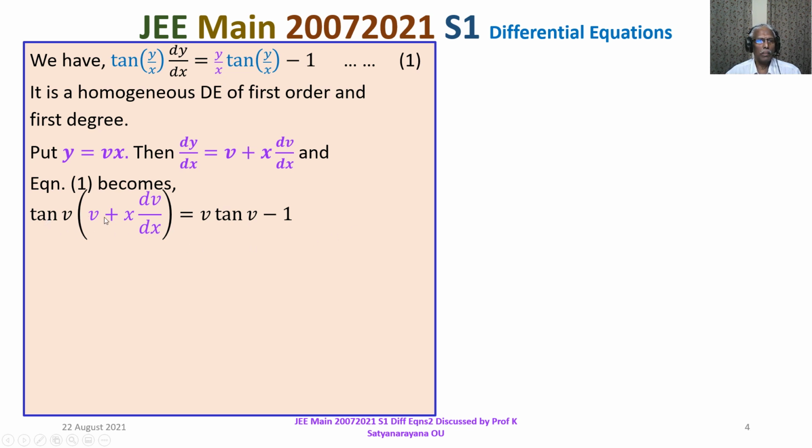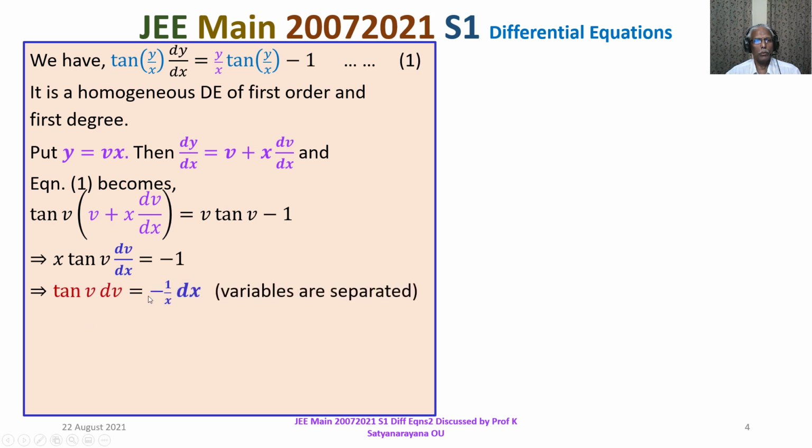Now v tan v cancels, and you are left with x tan v dv by dx is equal to -1. We separate the variables. Tan v dv is equal to minus 1 by x dx. Variables are separated, and this method is called the variables separable method.